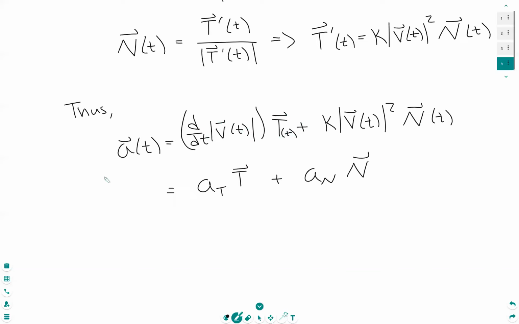So what I've done is decompose the acceleration vector in terms of a tangential component and a normal component. The thing in front of T is my tangential acceleration, and the thing in front of this N is our normal component of acceleration.